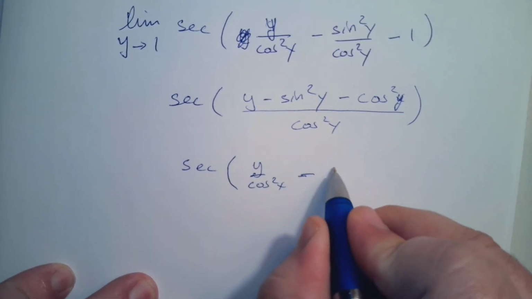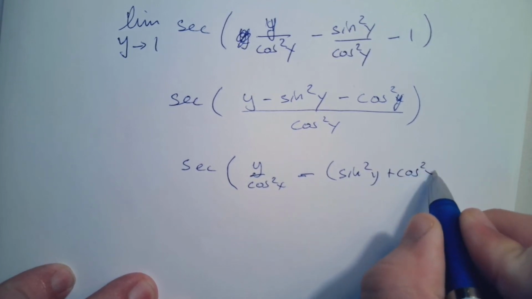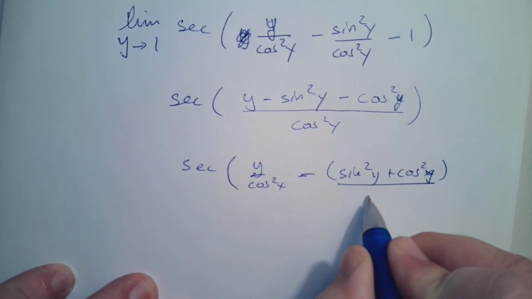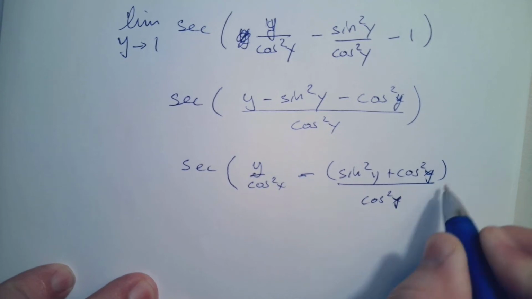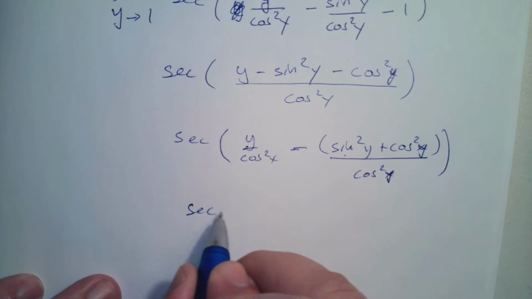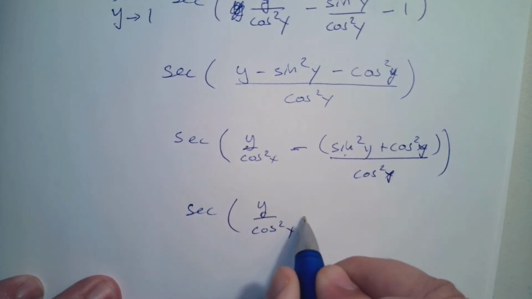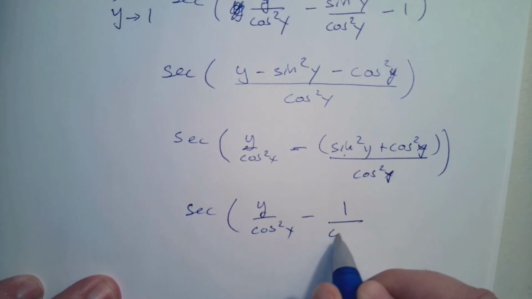Factor out the negative, so I have sine squared plus cosine squared over cosine squared. Sine squared plus cosine squared is 1.